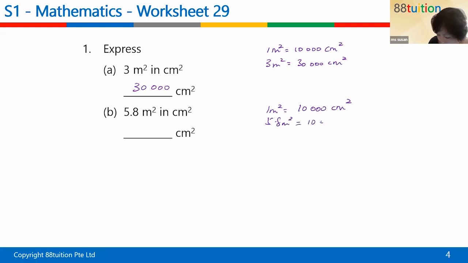It will be 10,000 multiplied by 5.8. So you have 5, 8, then 1, 2, 3, 4 zeros. You will have 58,000. Let me check. I need to use my ruler. Okay, 58,000.